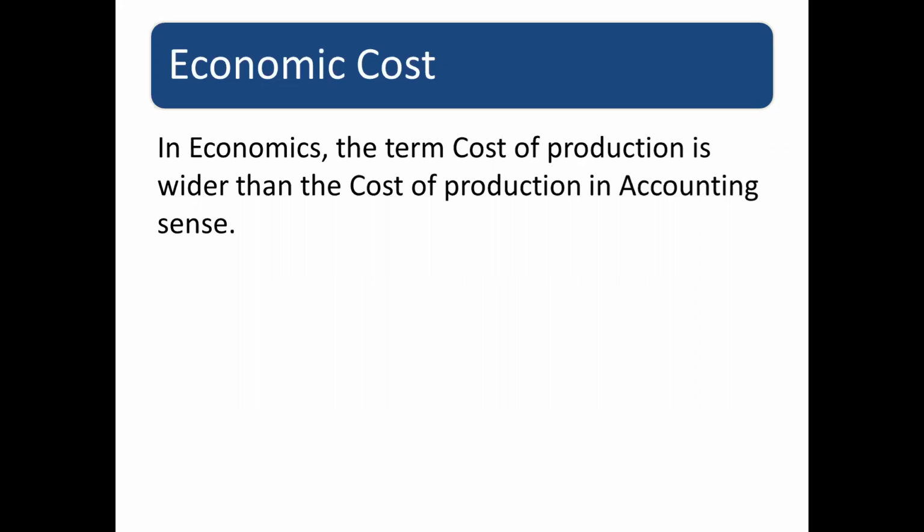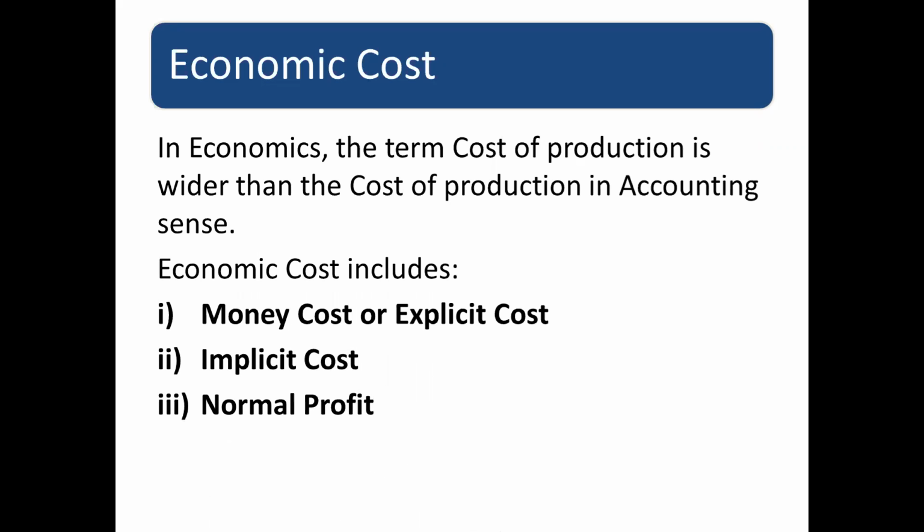But in economics, the term is wider and it includes these three components: money cost, which is explicit cost, implicit cost, and normal profit. Now, first part we have already discussed. What is money cost? That is the payment or the expenses which a producer incurs and he has to pay for, like raw material, like power, like rent, like salaries. This is explicit cost because he has to make payments.